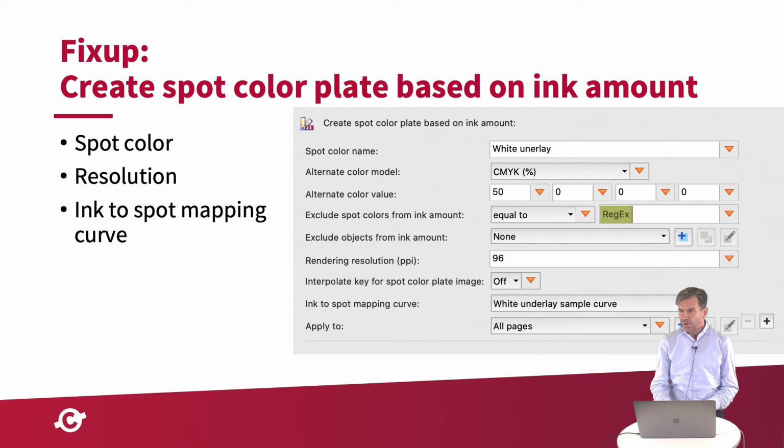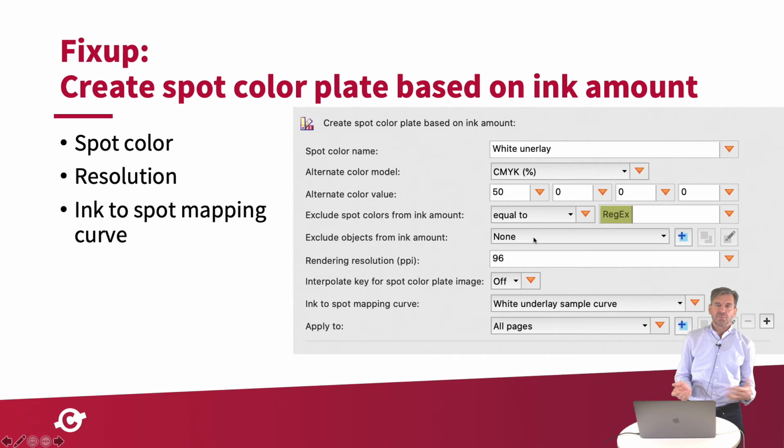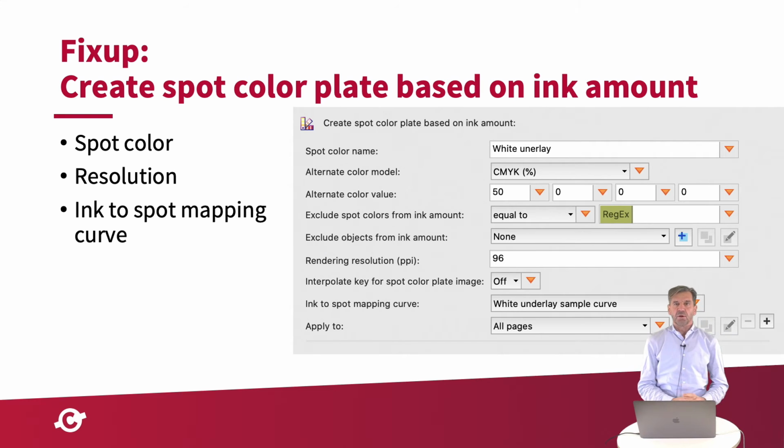There is one more thing, so you could also exclude objects from the process. So for instance, whenever that makes sense, you could say, okay, I only want to do that for areas of the page that are text or whatever. It works like an apply to, so you can again use any filter here.